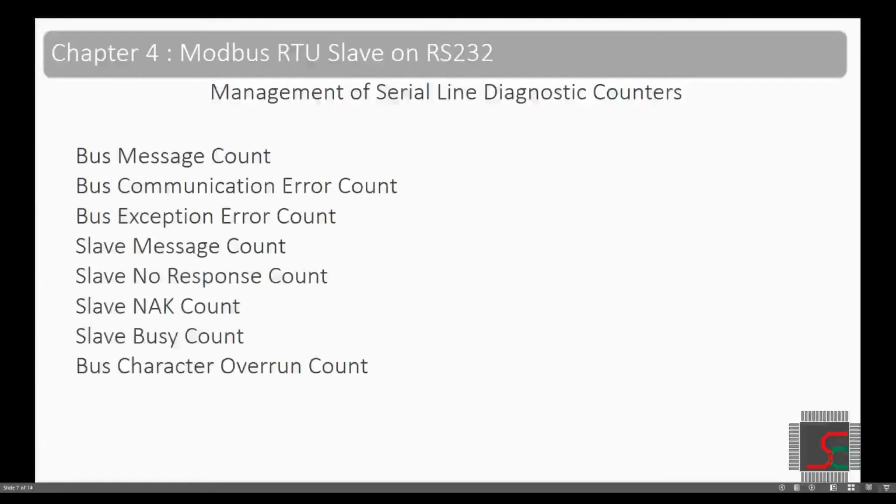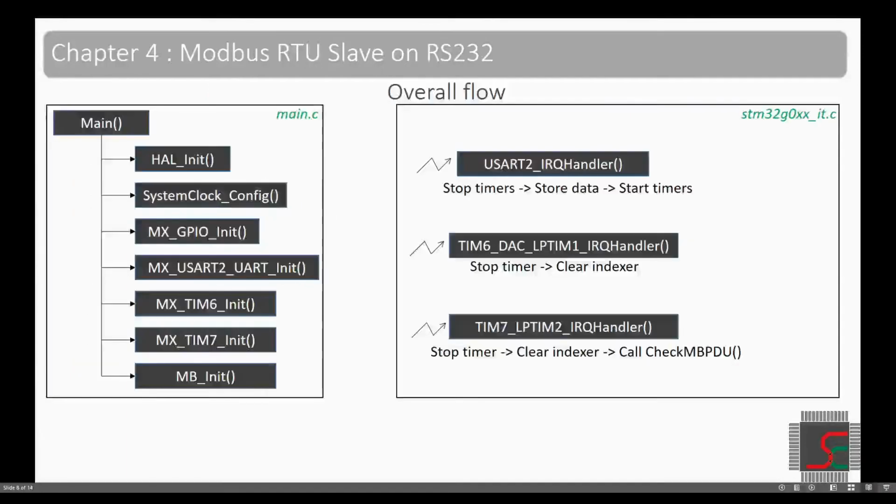And now since we have completed all the implementation, we will discuss the overall flow, like how the program in the STM32 microcontroller is happening. So we have two C files on this slide, the main.c file and the other file, STM32G0XX_IT.c. This is the interrupt file. Here you can see zigzag arrow lines, which represent events; they won't appear in the flow, they can occur anytime.